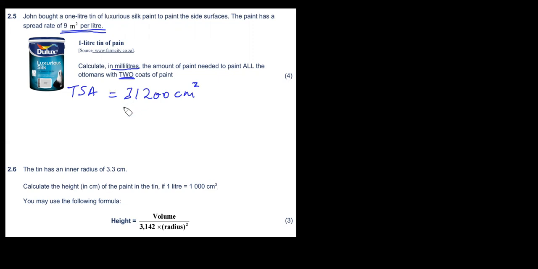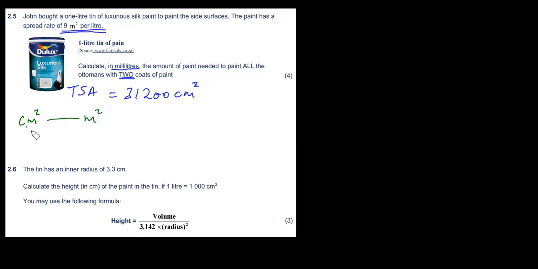Now, with the 31,200, we need to convert from centimeter squared to meter squared, because we need to first get the area in meters squared, so that we can check how many liters we need, because we are told that it's 9 square meters per liter.